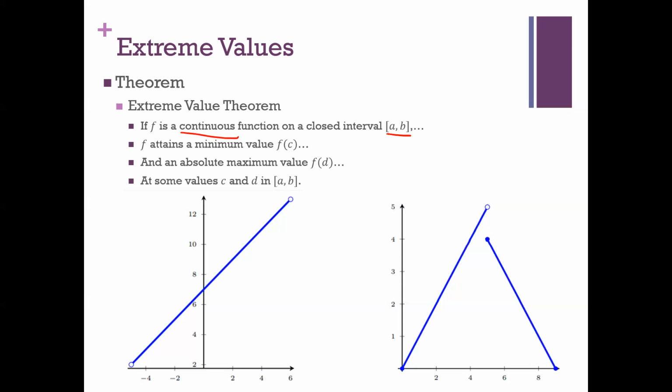We didn't worry about the fact that they wouldn't be there. They will be there. This is the theorem that guarantees that those will exist. Any questions here? Especially about why continuity and that inclusive interval are really important.